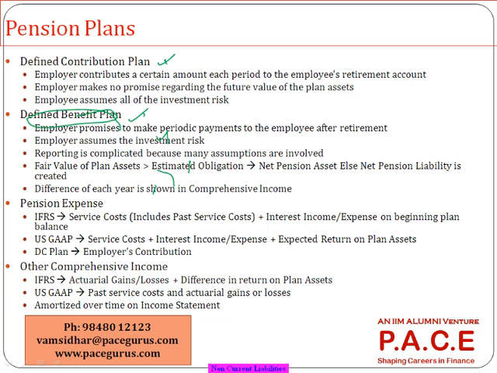It's not contributing 12% of the basic anyway. It has to manage its own fund, invest it, get better returns, so that once the person retires, he is paid as long as he is alive. Those kinds of plans are called defined benefit plans.